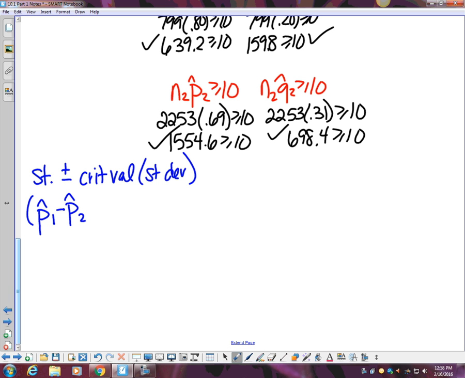I've already defined who P1 is and P2 is, so I know that this is teens minus adults. It's a Z star, so it's a critical value, and a Z because we are doing proportions. And these have hats on them because I don't know my population data. And then I plug numbers in.